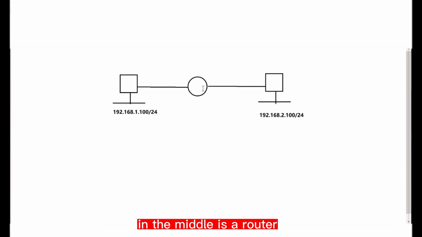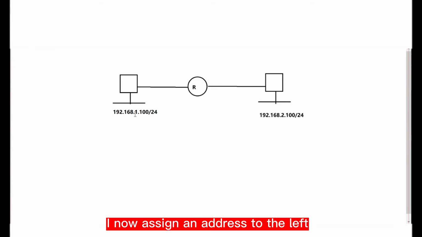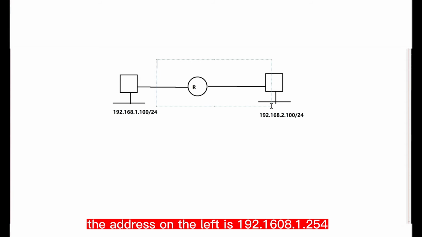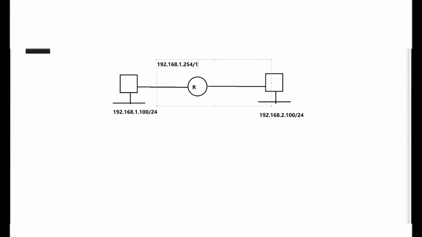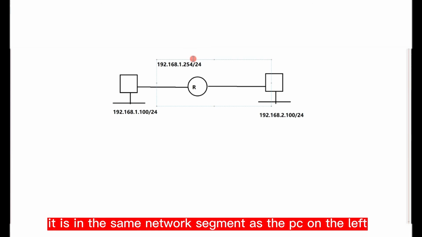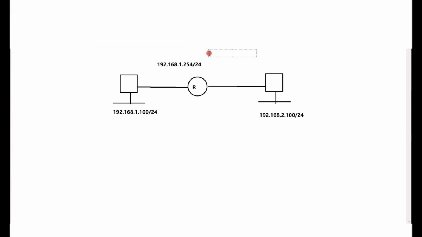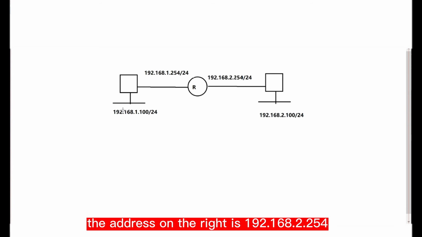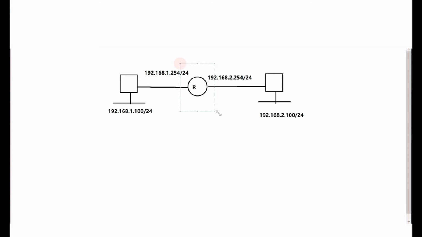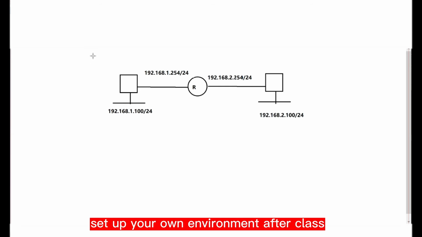In the middle is a router. For the router, I now assign an address to the left and right sides respectively. The address on the left is 192.168.1.254, 24-bit mask. It is in the same network segment as the PC on the left. The address on the right is 192.168.2.254, 24-bit mask. Set up your own environment after class.